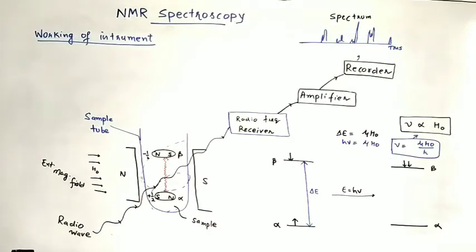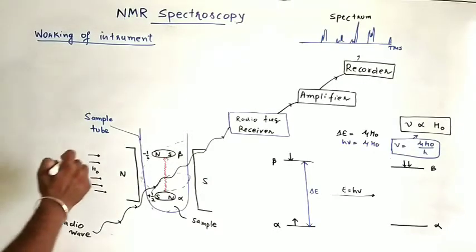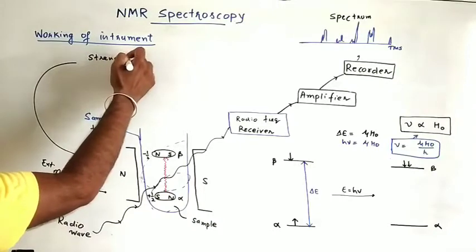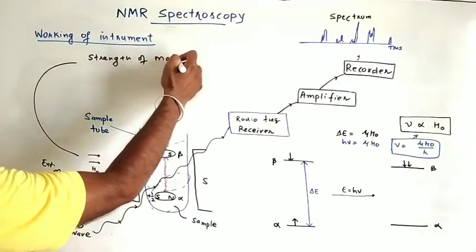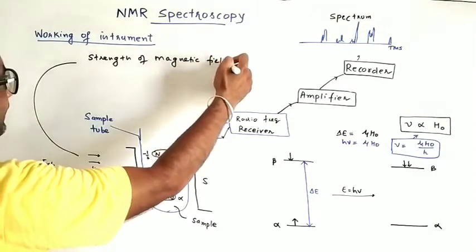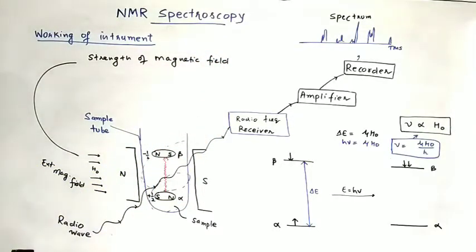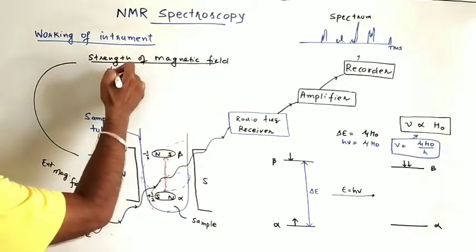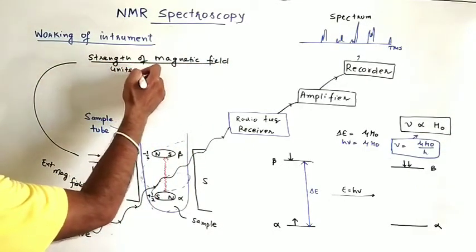Then what is the strength of the magnetic field that we use? The strength of the magnetic field which we use in NMR may vary from instrument to instrument. What are the units of this strength?